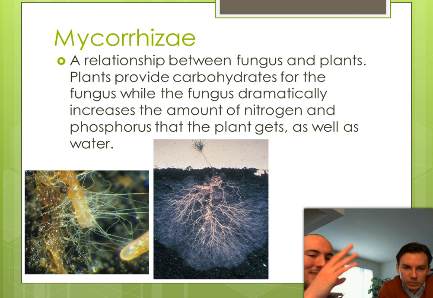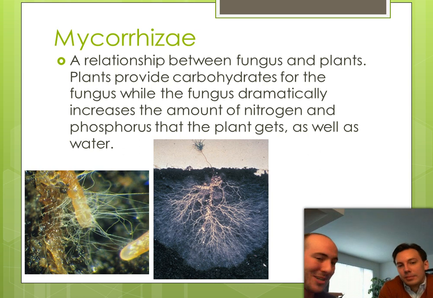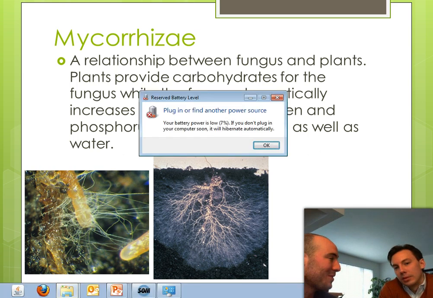The plants provide some sugars to the fungus to allow it to grow, and the fungus is able to take nitrogen and phosphorus from the soil and pass that on to the plant. That helps the plant grow more effectively. There are farmers that buy mycorrhiza for their crops. Corn farmers will actually buy fungus to put in their soil.